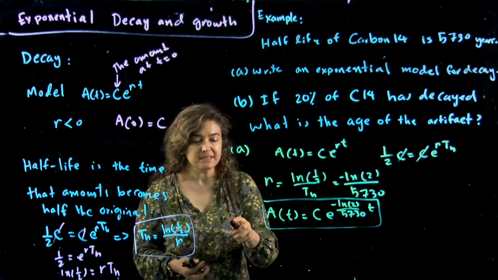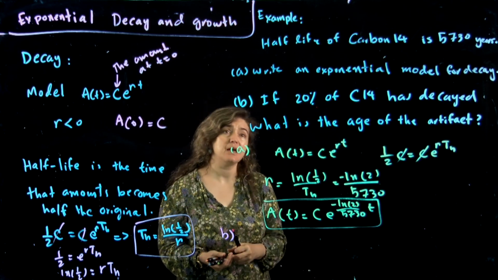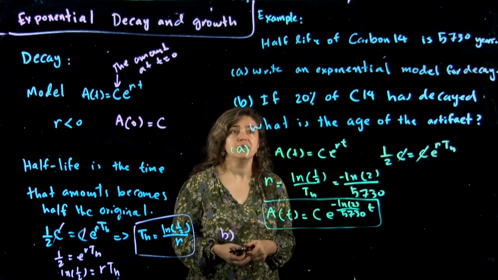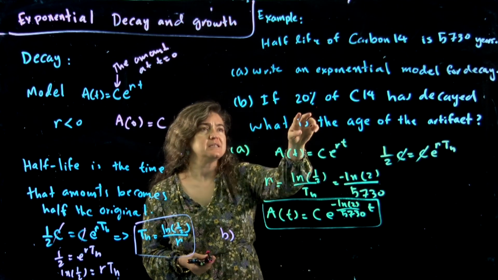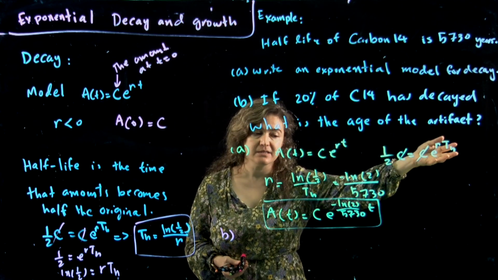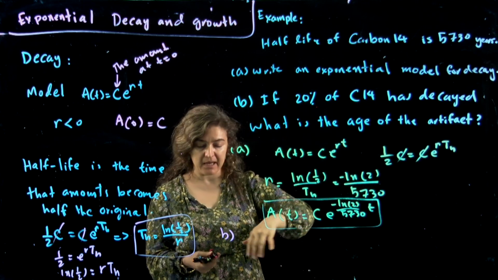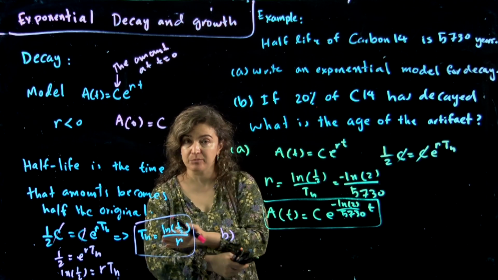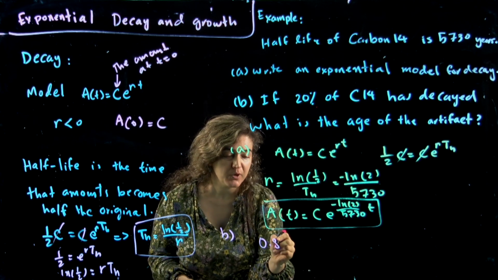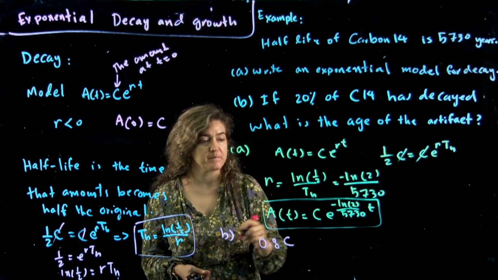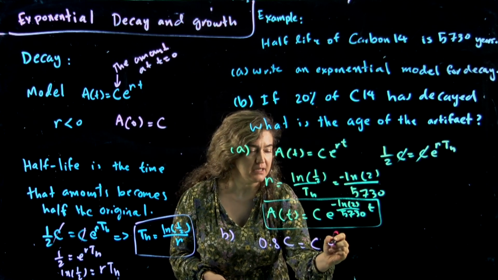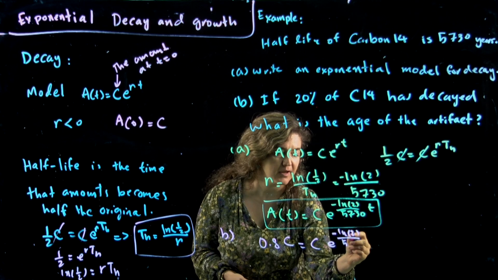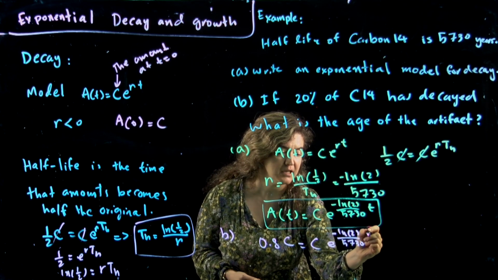Now, part B is asking, use that model to estimate the age of an artifact. Please notice that it says 20% decays. That means 80% is remaining. So for A of t, which is the output, putting 0.8 c, then equal to c e to the power negative ln of 2 divided by 5,730.